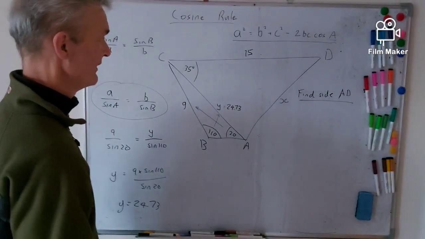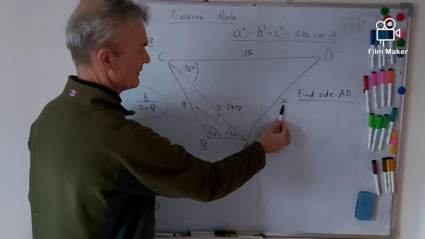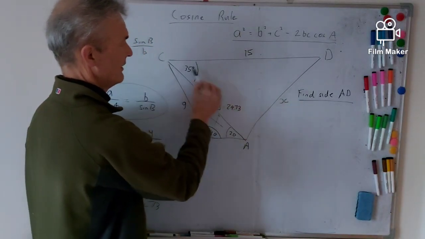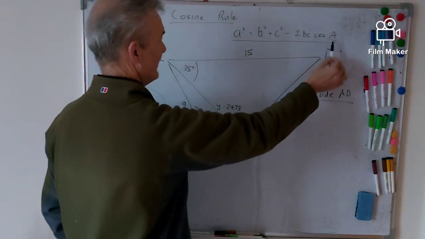So let's do that. Let's just check. So this is side A, opposite. So that's cosine. So that's this bit here.